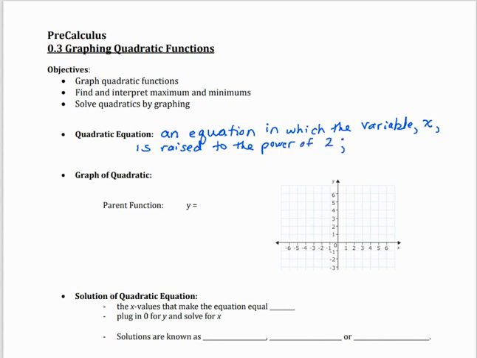Okay, so it's not to the third power, to the fourth power. It's not linear where it's raised to the first power. Our highest power is a 2. We call the graphs of quadratic equations parabolas. Okay, so the graph of a quadratic, like I said, is a parabola, which is a U shape.